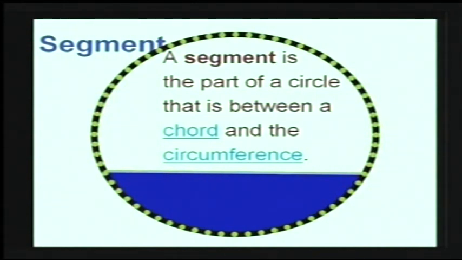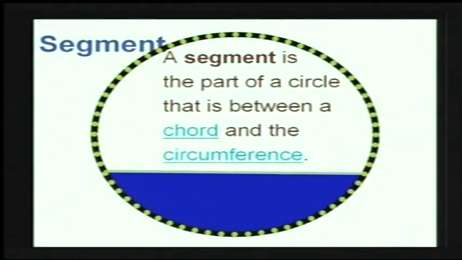Okay, the blue color. 7Es and receiving students, the blue color we can say is a segment, or a smaller segment. And the white color, where the writings are, we can say is a larger segment. So a segment is the part of a circle that is between the chord and the circumference.